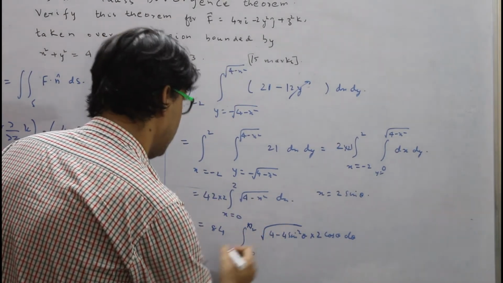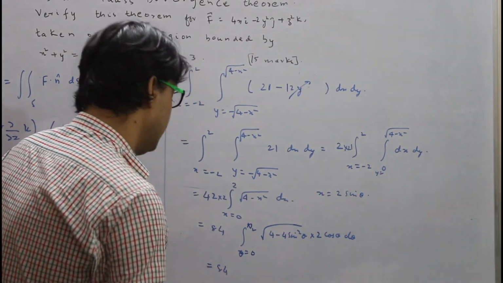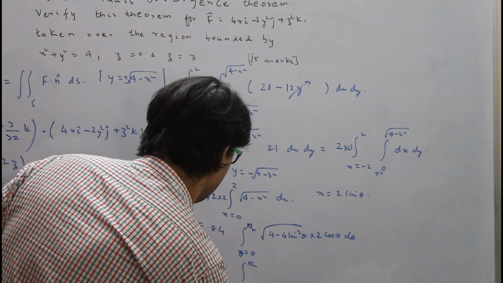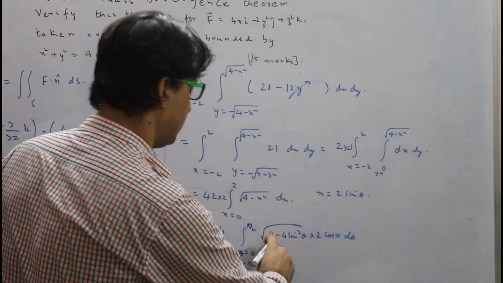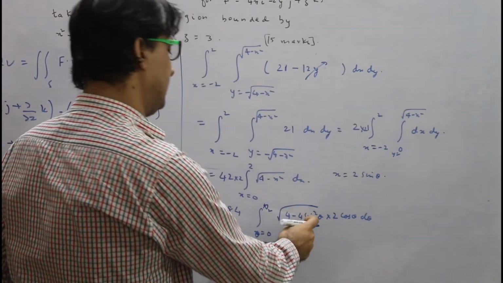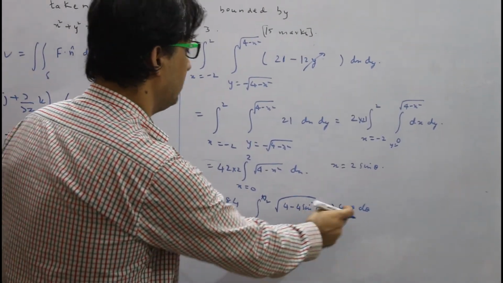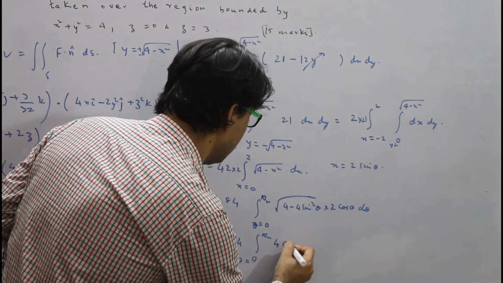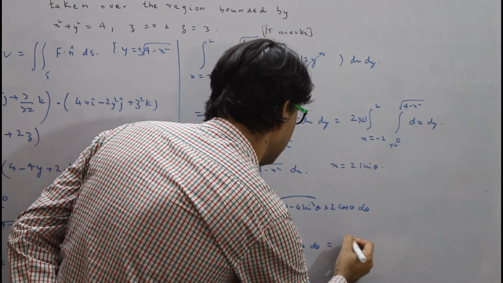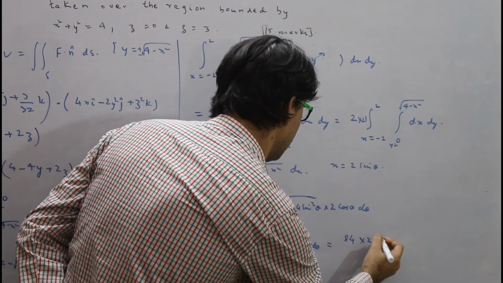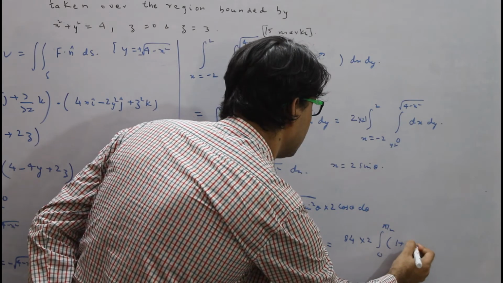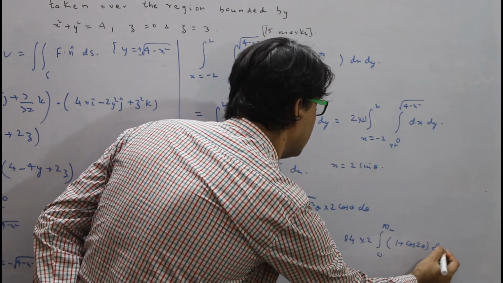Alright, so this will be 84 and theta from 0 to pi by 2. The 2 can come outside, 2 into 2 becomes 4. So this becomes 1 minus sine squared theta, that is cos theta into cos theta, which is cos squared theta. So we can write this as 84 into 2, integral from 0 to pi by 2 of 1 plus cos 2 theta d theta.